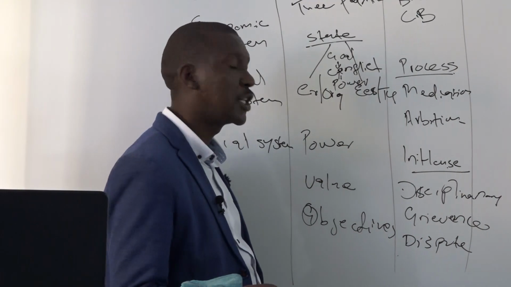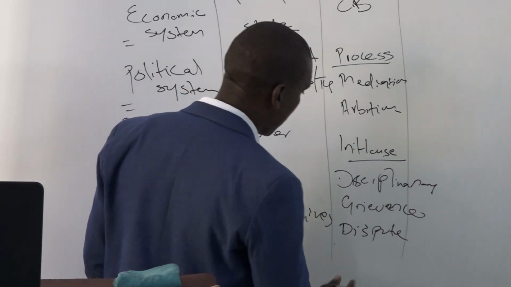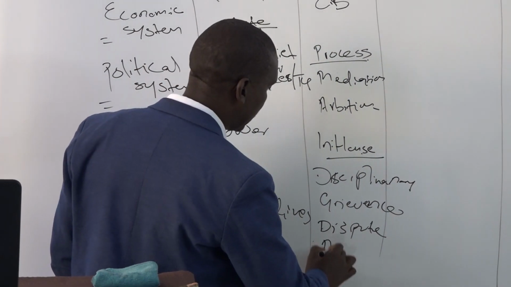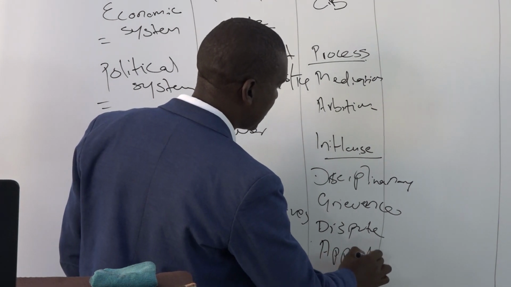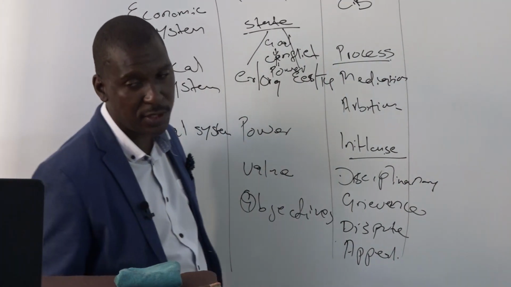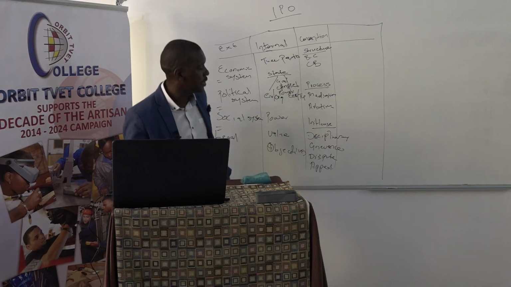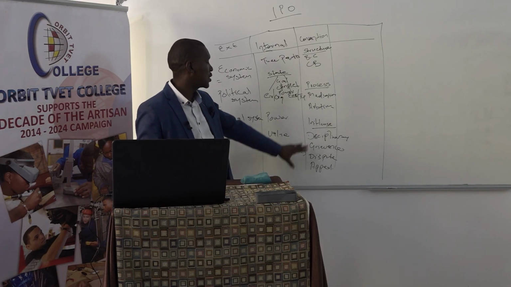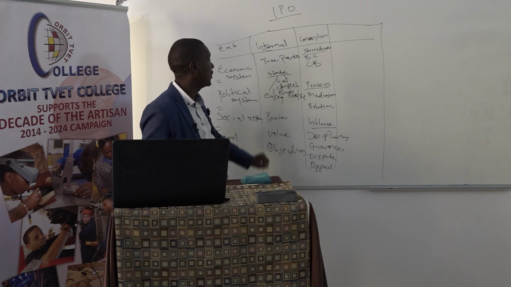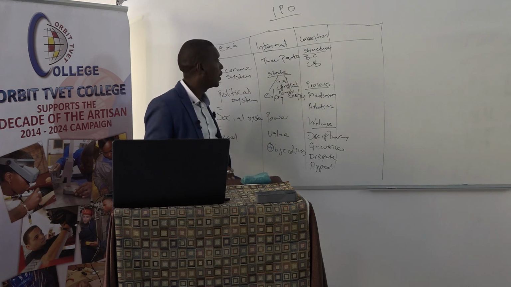After the dispute resolution procedure, we have what we call an appeal, because sometimes decisions are taken against employees that they are not happy about, and this is what we need to do. If they ask you to illustrate the whole structure, then these are the things that you are going to write.